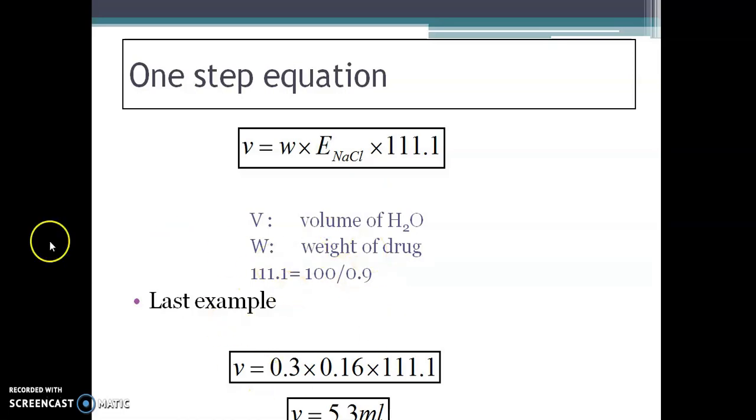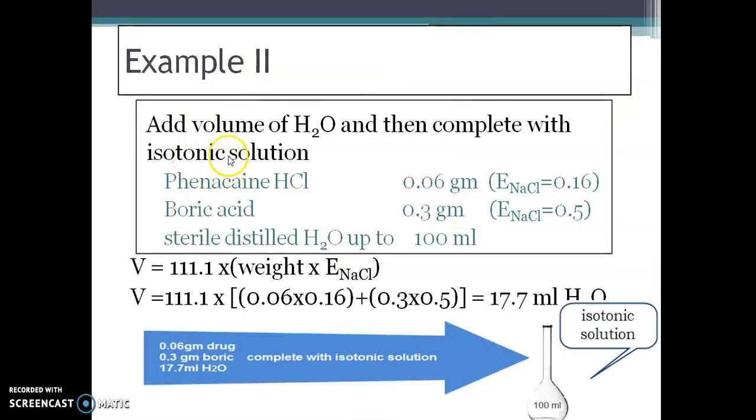Now we have to calculate the numerical based on this method. Example 2: you have to calculate example 1, which we showed in previous slides. Now here is the second example: add volume of water and then complete with isotonic solution.